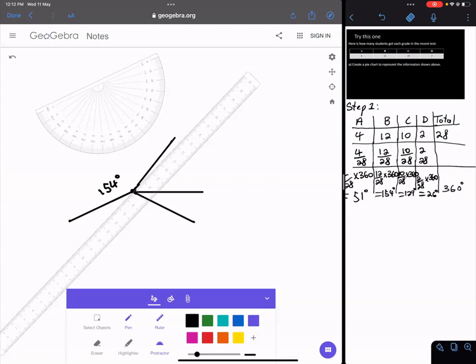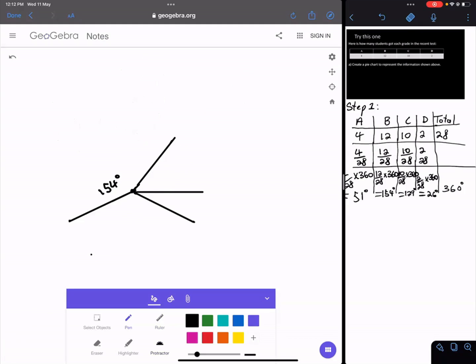So now we're going to replace those angles with the corresponding number of students. Let's erase the angles.